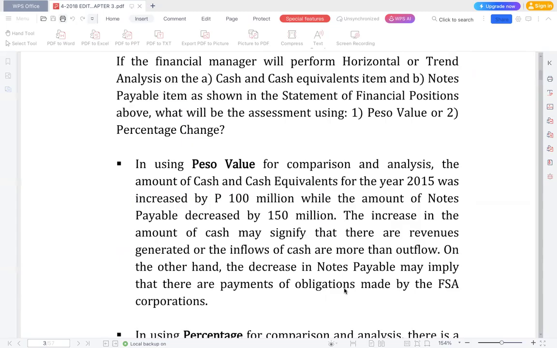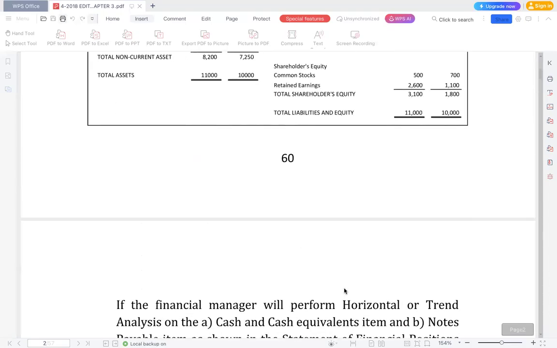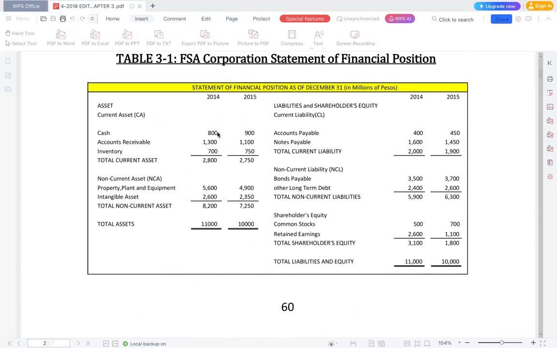Applying the trend analysis or horizontal analysis, we use the peso value. Now, the amount of cash and cash equivalent for year 2015 increased by 100 million, as mentioned a while ago, while the notes payable decreased by 150 million. So you're just going to compare the valuation.